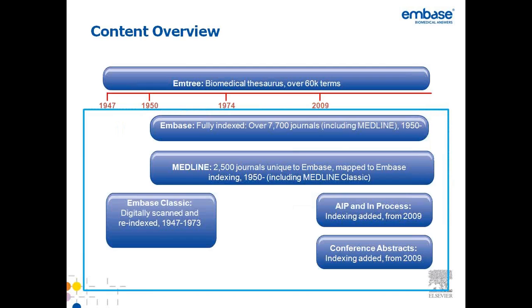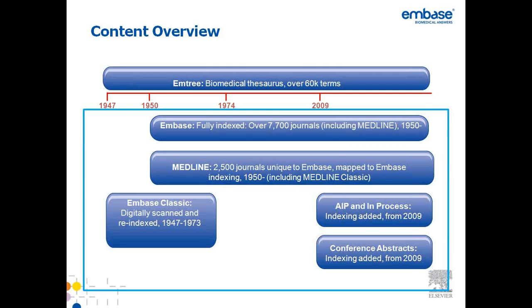So just to give you an overview of Embase, we have our thesaurus sitting on top of the content, providing the backbone to the searching within Embase. And then we have our fully indexed Embase collection, over 7,700 journals, including Medline.